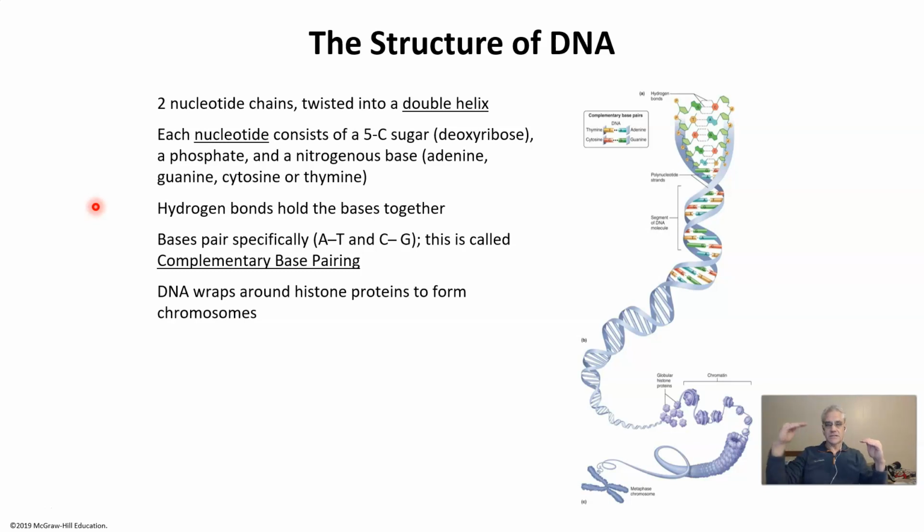The only difference here is that the rung, which of course in your ladder is a solid structure all the way across, the rung in DNA is composed of two different chemicals called bases, and we're going to get to the specific chemistry of this in a moment. But there's a base on one side and a base on the other side, and they match up. And so the rung of the ladder is composed of two bases, one on one side, one on the other side. They match up. They are supported by the backbone.